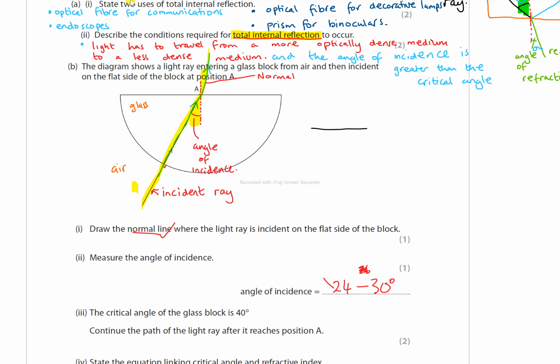Let me draw it here. There's your normal, there's your incoming ray, incident ray, just say 30 degrees, and if it was 40 degrees or more than 40 degrees you'd get total internal reflection. Because it isn't, the ray comes out but it bends, so the angle of refraction is less than 30 degrees in this case, right.